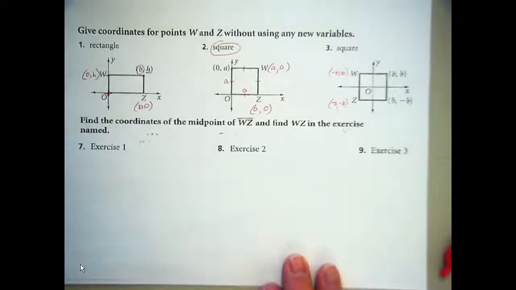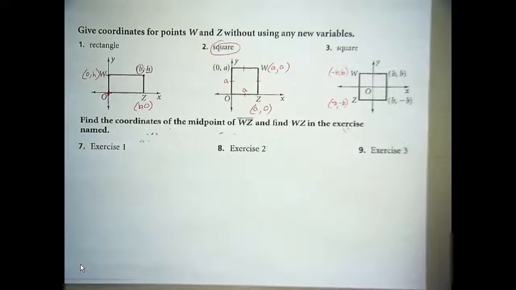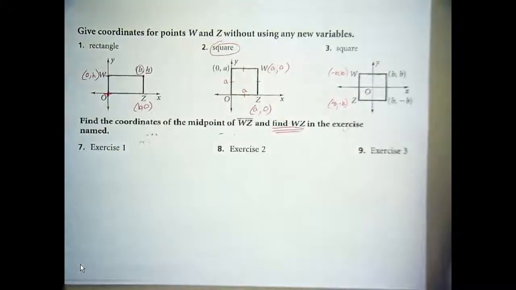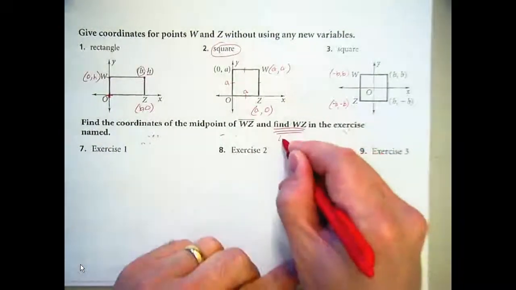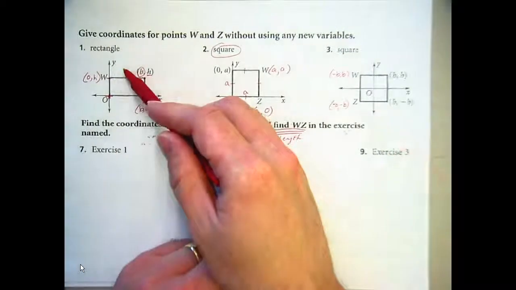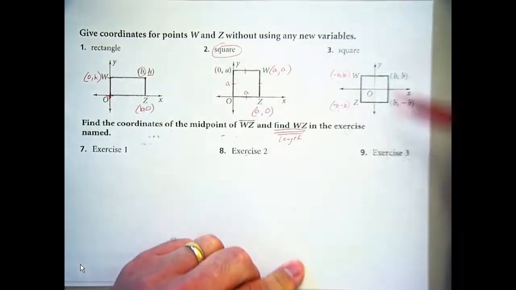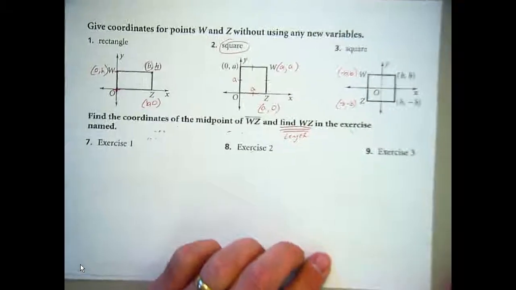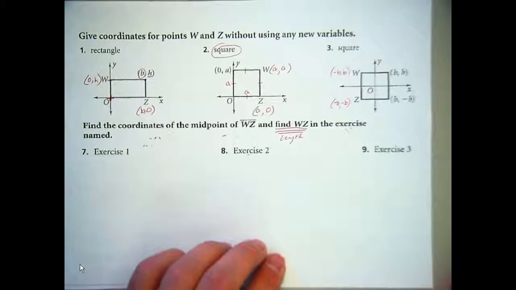Just find the coordinates of the midpoint of WZ and then find WZ. This means find the length of WZ. So the midpoint and then the length of WZ in exercise 1, exercise 2, and exercise 3. Okay? Off you go. You work together, do your best.